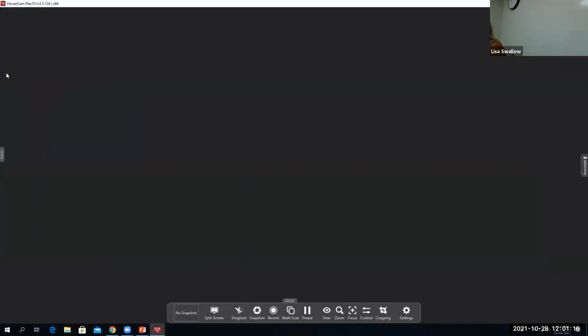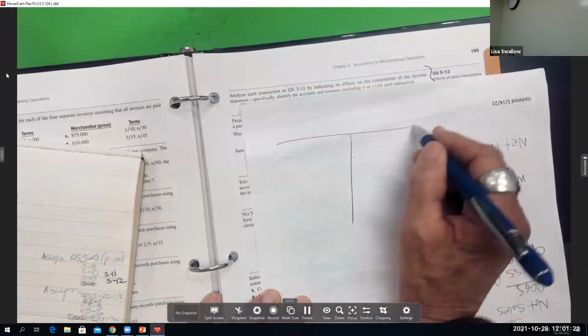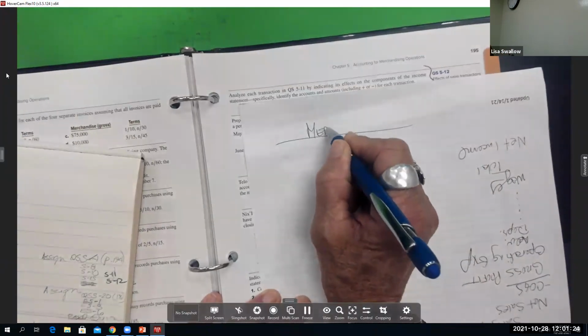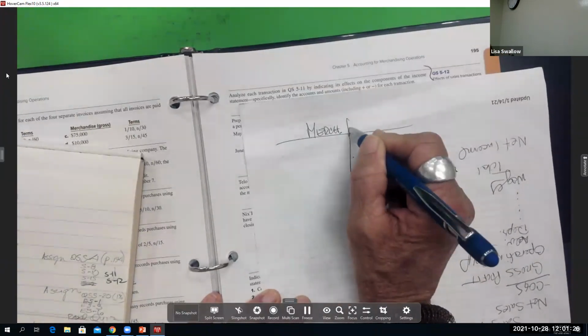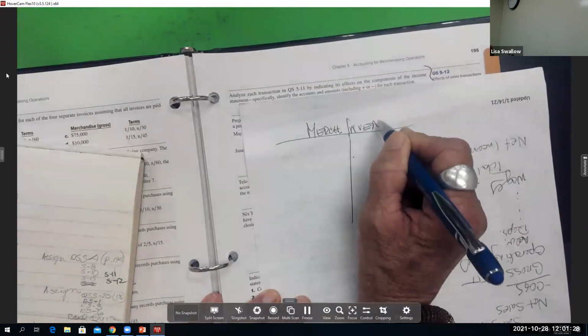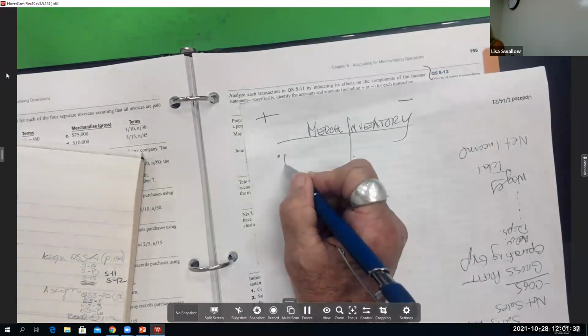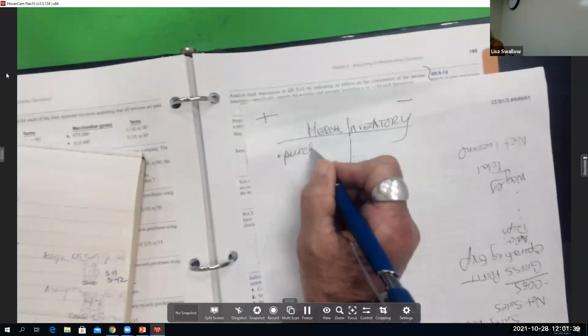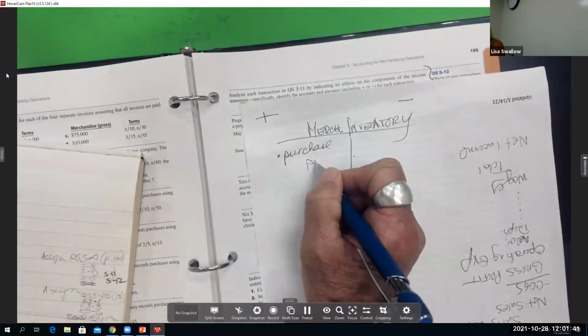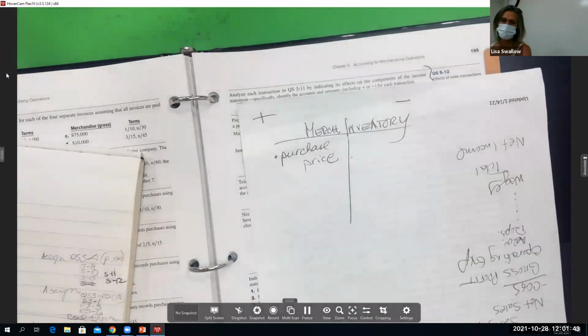What we're doing is drawing a big T account for merchandise inventory to illustrate what 4 things can go into the cost of 1 unit. And we're just going to write what they are. There's 2 on the debit side. And there's 2 on the credit side.